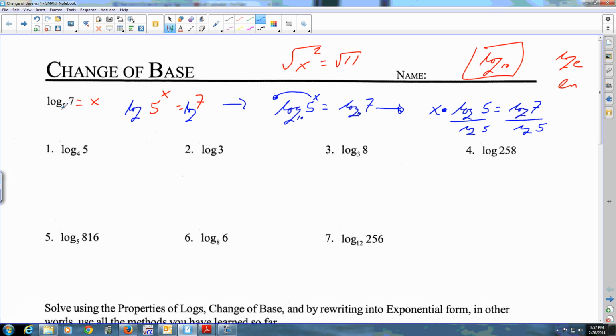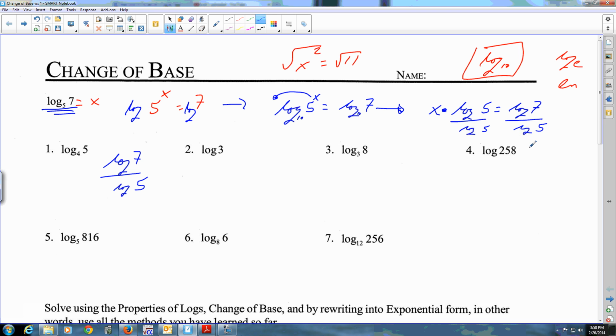So your answer to this, doing the change of base formula, is, I don't have enough room there, so let me erase that. I'll write it down here just because I have more room. That's going to be log of 7 divided by log of 5. But this is why you're doing it.